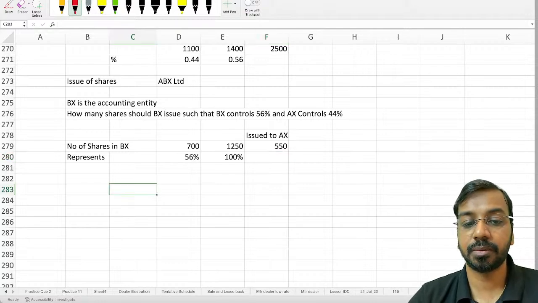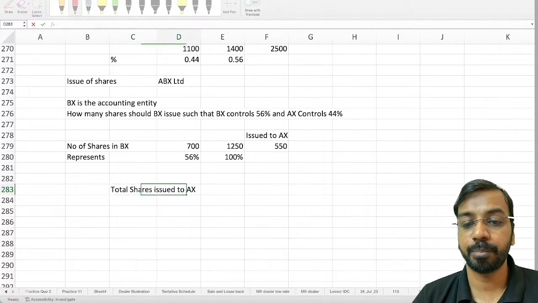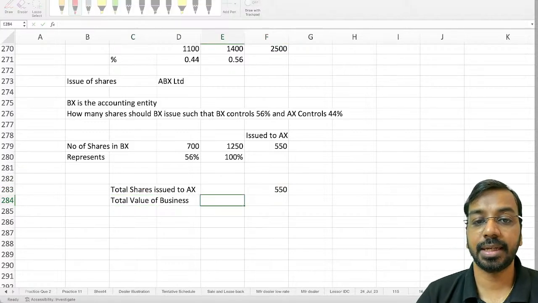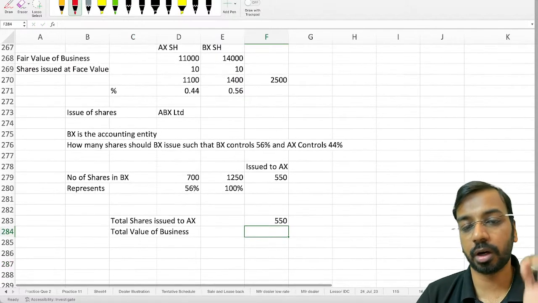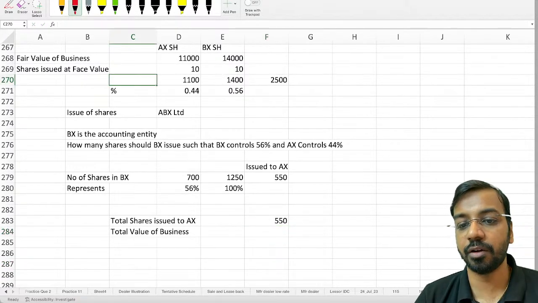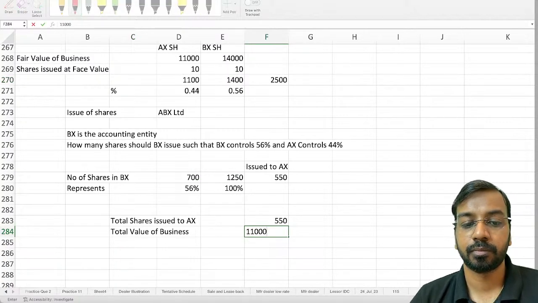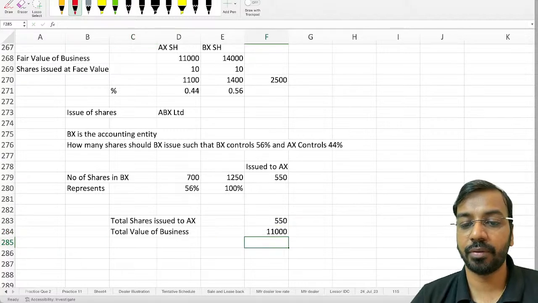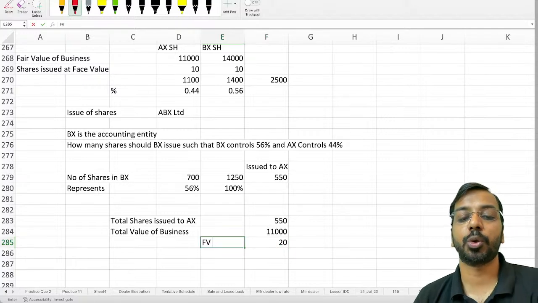Total value of business of AX is 11,000. So 11,000 divided by 550, fair value per share becomes 20.